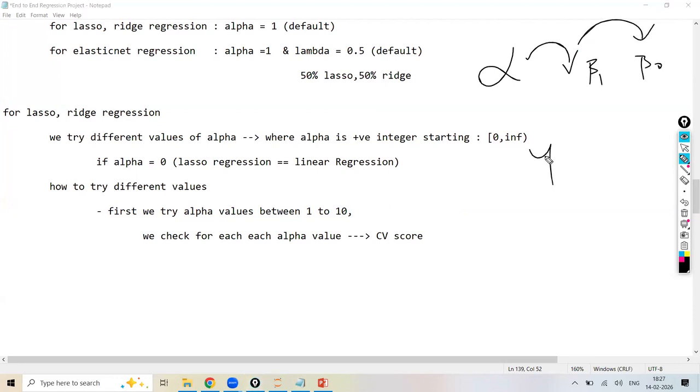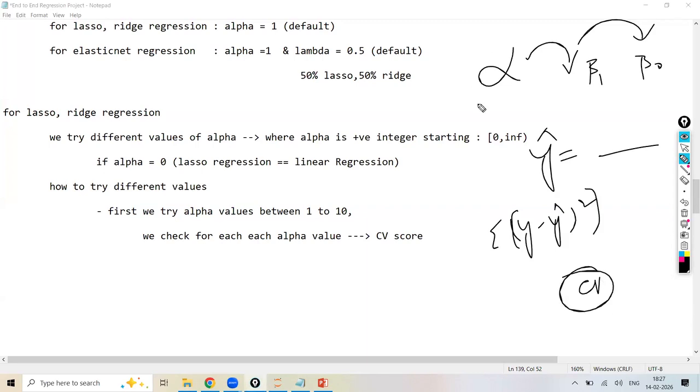Beta naught changes. So the overall equation changes. Equation changes means y minus y hat also changes, or not? Yes, it changes. If this is changing, automatically CV also changes because RMSE changes. The average of RMSE is called CV, right? So based on one alpha value, CV changes directly.